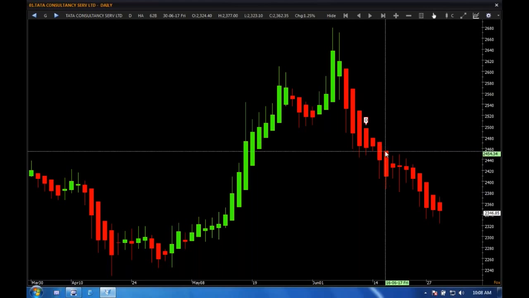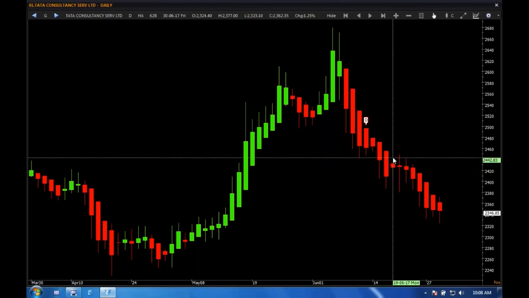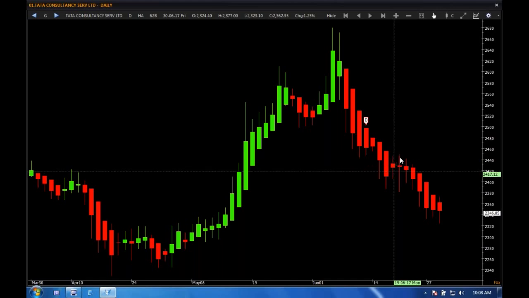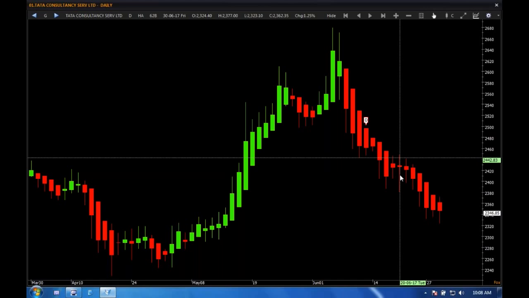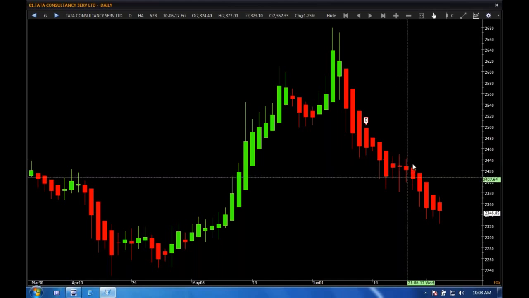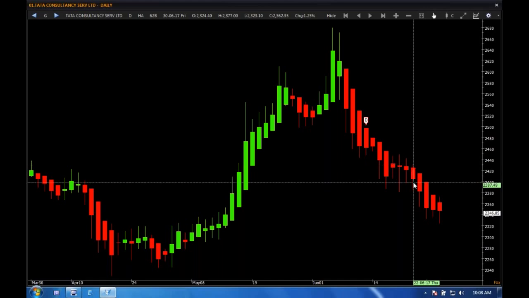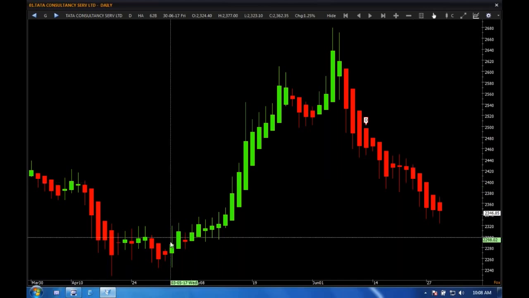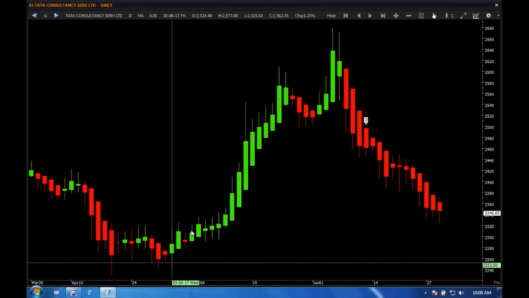Obviously, when I have shadows at both ends, an upper shadow as well as a lower shadow, it means that it is neither a strong uptrend nor a strong downtrend. The prices are kind of consolidating. But if it's red in color, like the case over here, the bias is slightly on the downside, and if it's green over here, the bias is slightly on the upside.